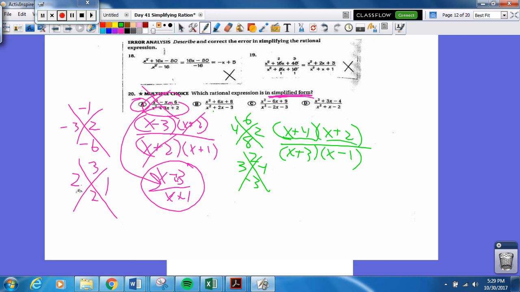X plus 4, x plus 2. Look at the denominator factors. X plus 3, x minus 1. Do they match? No! So there's no crossing, there's none of that. So I can leave it, it's already in simplified form. So B is the answer. I was able to simplify A, and I probably would simplify C and D if I did those. But I know that I cannot factor anything out, so B is the answer.